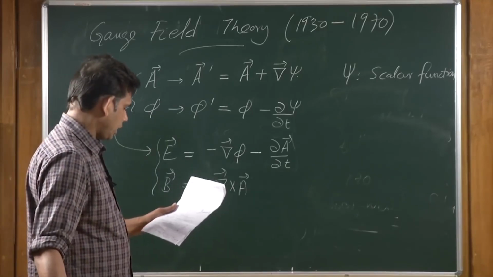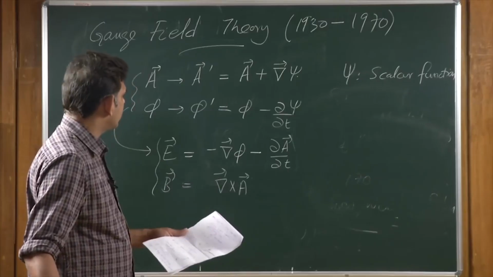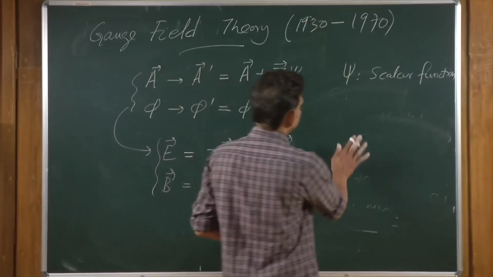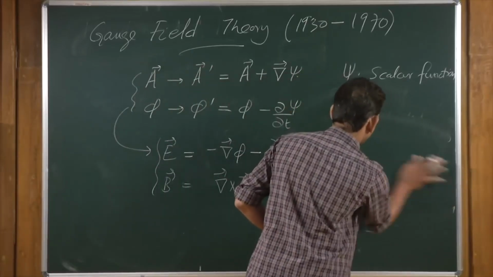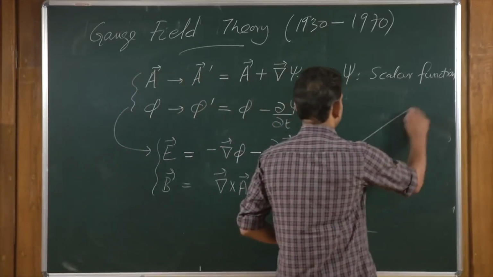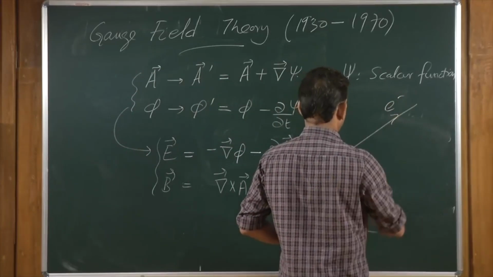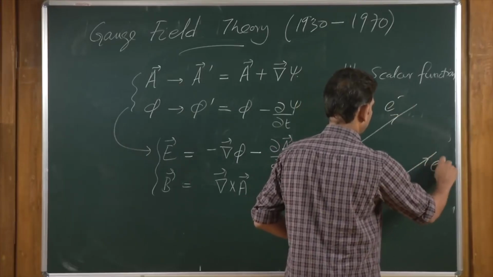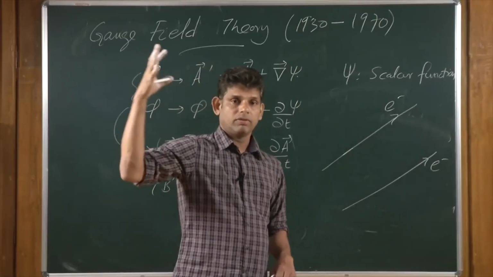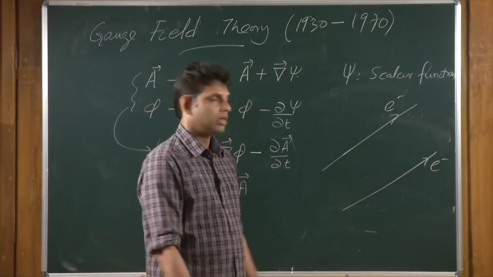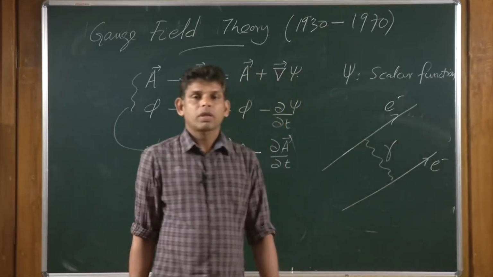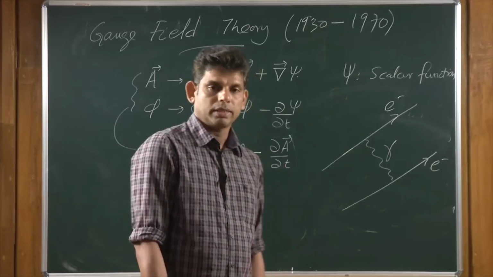So, in the picture of the gauge field theory, essentially this boils down to this fact. That is what I wanted to tell today, that when we look at the interaction between an electron and a positron or an electron, this can be understood similar to, not exactly the way, but at least something in the way that Yukawa had thought, as happening through the exchange of some particles.